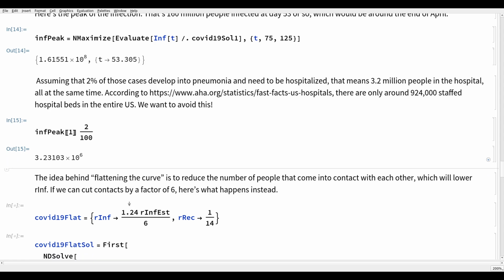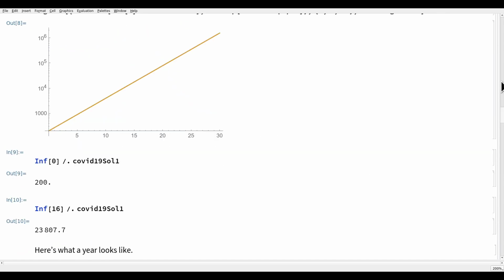Here's what this looks like in this SIR model. We reduce the number of people that come into contact with each other. That effectively reduces rInf. So remember rInf, as I had defined it way up here, let me see if I can find it again.